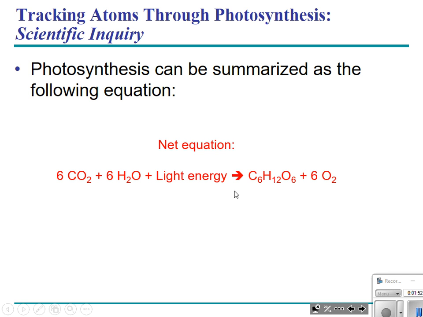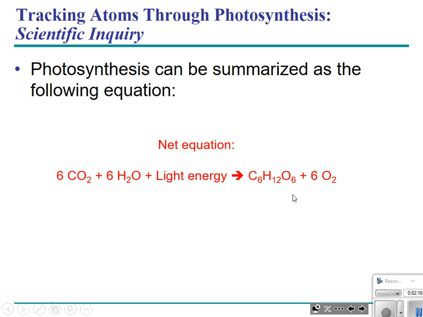And that yields, that's what that little arrow right there means, yields. Okay? Yields C6H12O6. Anybody know what that is? It is a sugar, specifically which one? Glucose. Excellent. That is glucose.